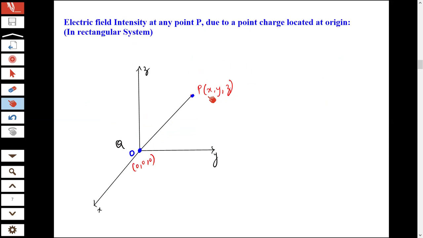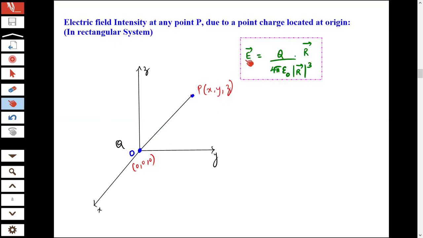For simplicity, let us consider this point charge Q to be present at the reference origin. In this case, we are going to follow the rectangular system of coordinates and use Coulomb's law to get the expression for electric field intensity at this faraway observation point.